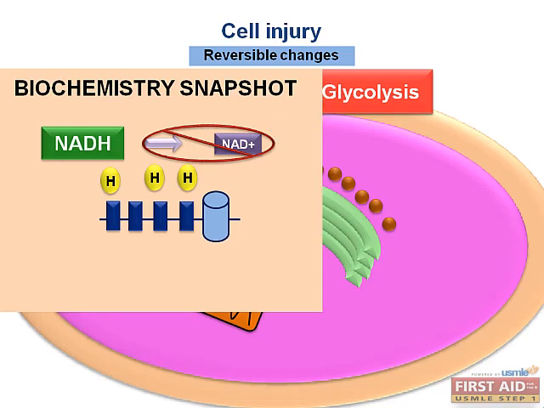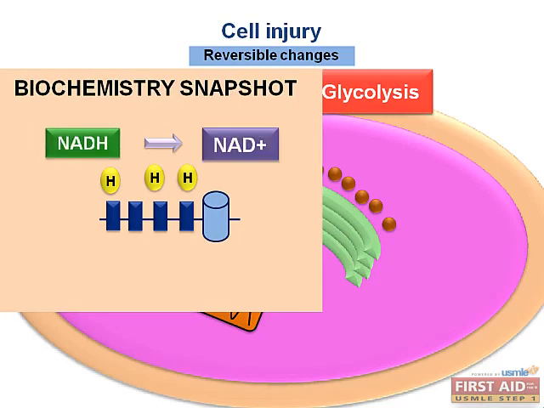Shoot. So we need to regenerate NAD+, even though it's not very helpful, it's all we've got to make ATP. How is the cell going to do that? To answer that, what is the final product of glycolysis? Pyruvate. Okay. And guess what?